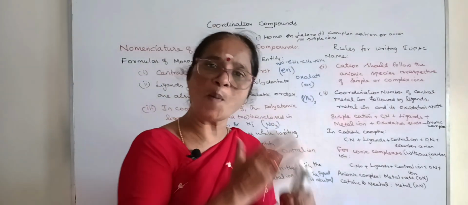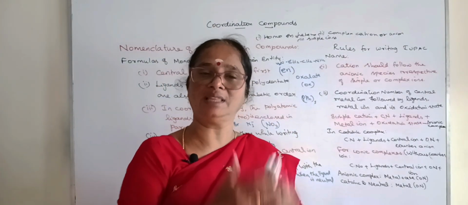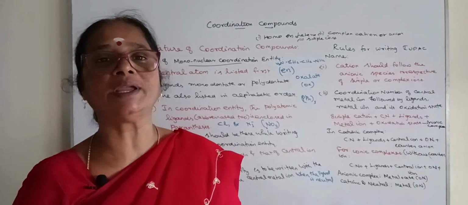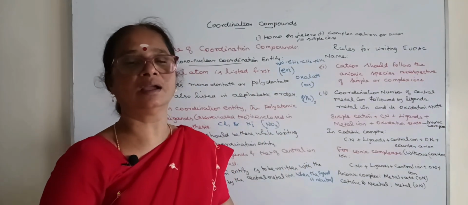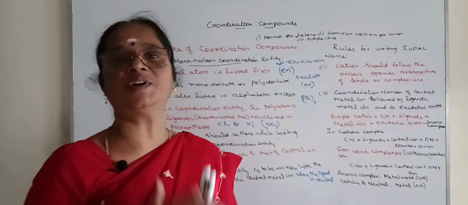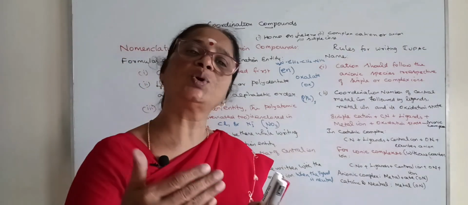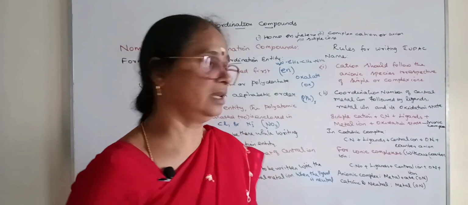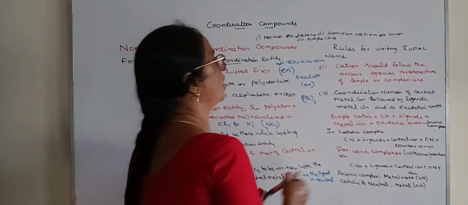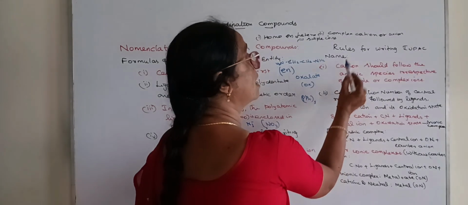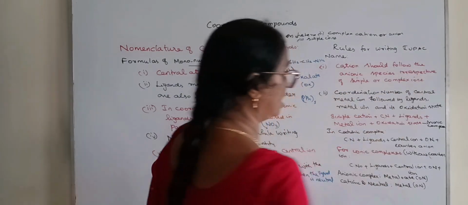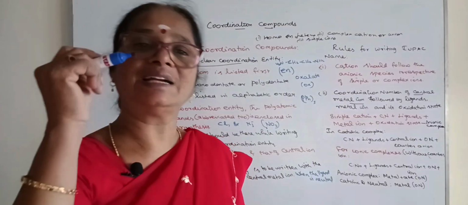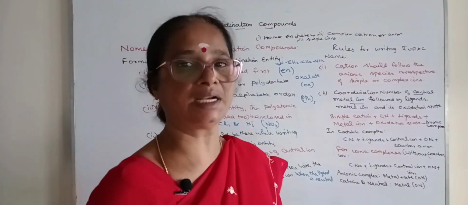If the complex is an anionic complex, then you follow the simple cation followed by the coordination entity. Or if the complex itself is neutral, then you can go along with the normal path of giving the name. So the first thing we have to identify is that the cation should be written before the anionic species, and when you start naming the entity, it has to start with the coordination number.